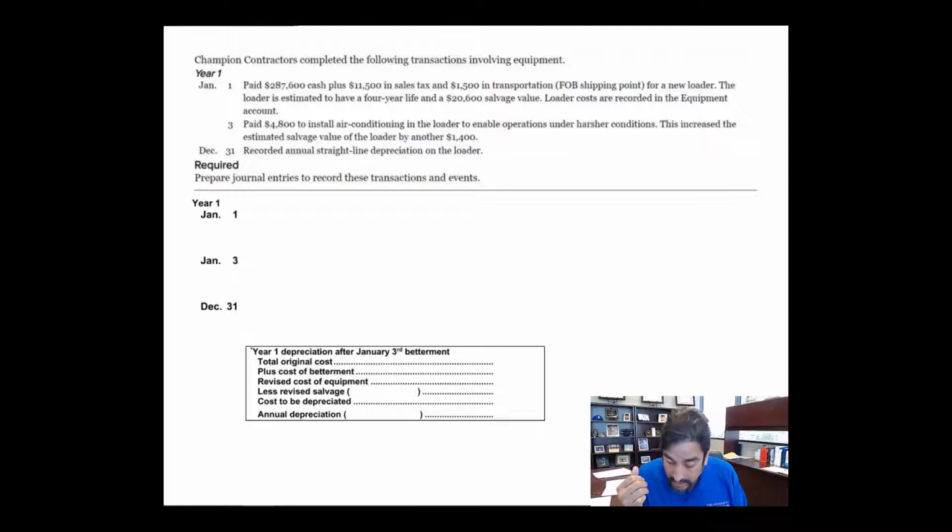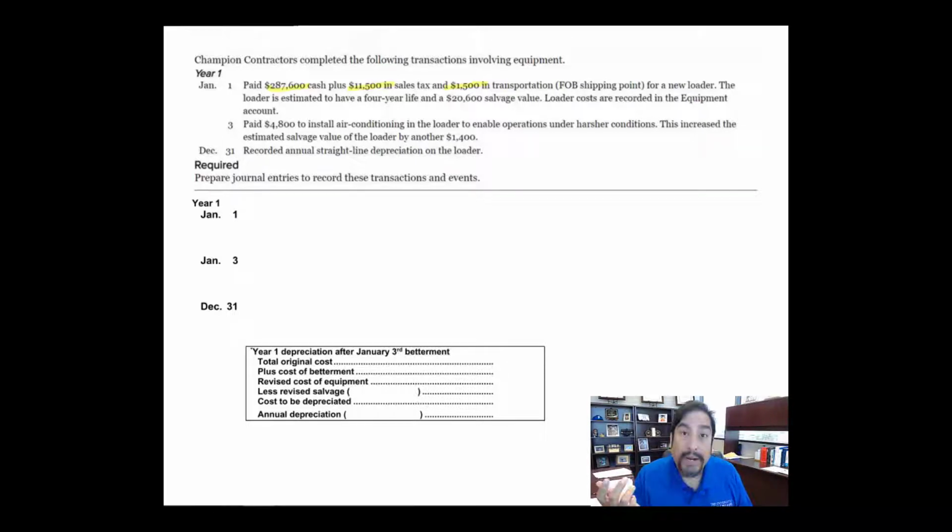So we need to pay that, and that's all part of the acquisition cost. 4-year life, 20,600 salvage value. Record them in the equipment account.